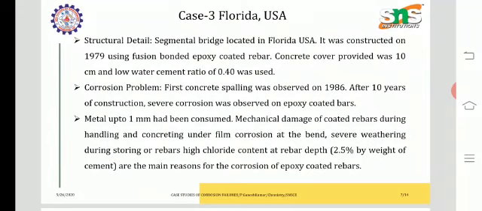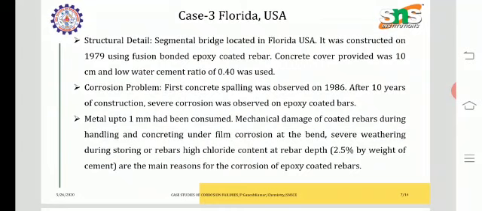The third case we discuss is about Florida, USA. A segmental bridge in the Florida district of the USA, constructed in 1979, used epoxy coated rebar. The concrete cover provided was 10 centimeters and a low water cement ratio of 0.40 was used.